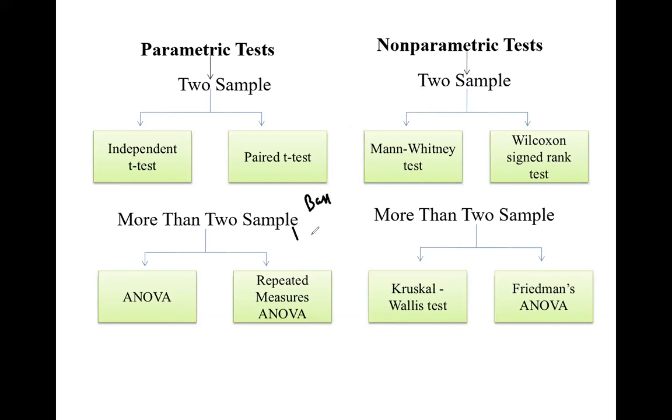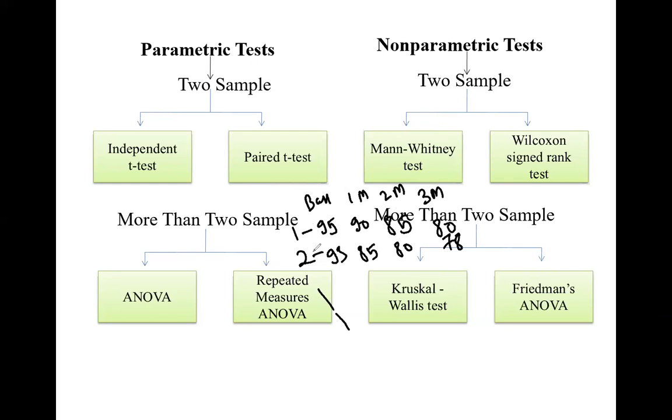The first participant's baseline weight is 95, after 1 month the weight reduces to 90, after 2 months 85, and after 3 months 80. The second participant's score is 93, after 1 month 85, after 2 months 80, and then 78.